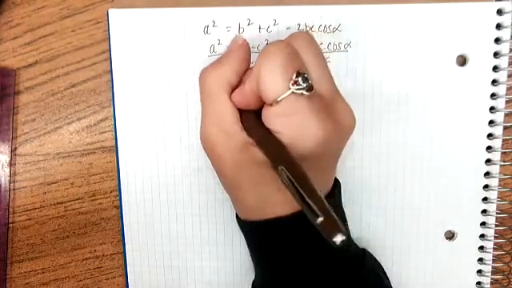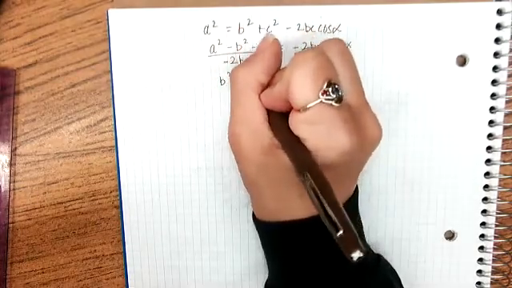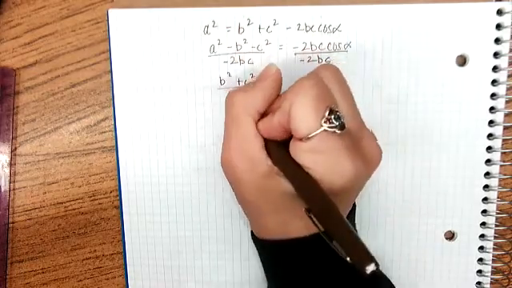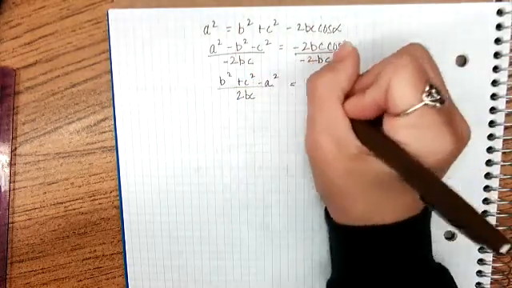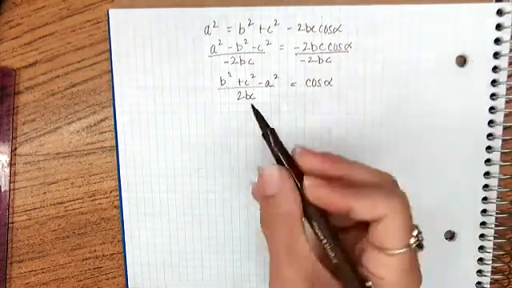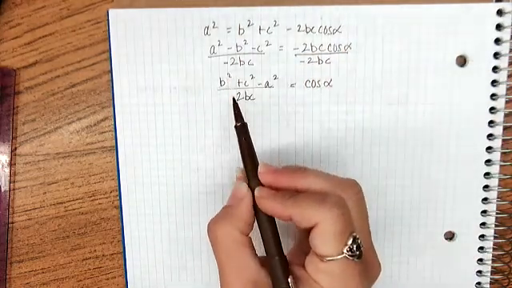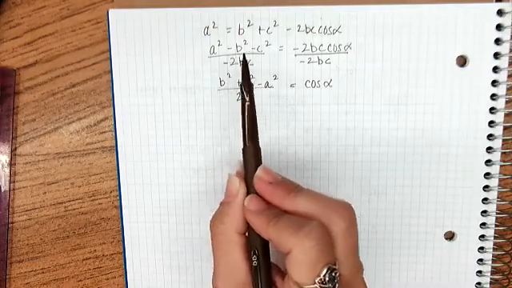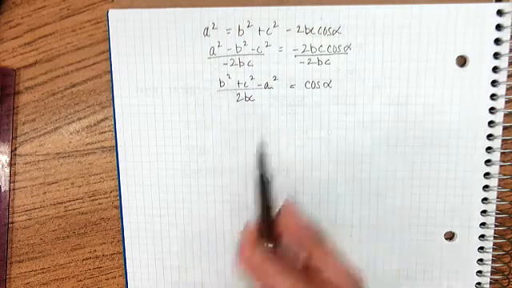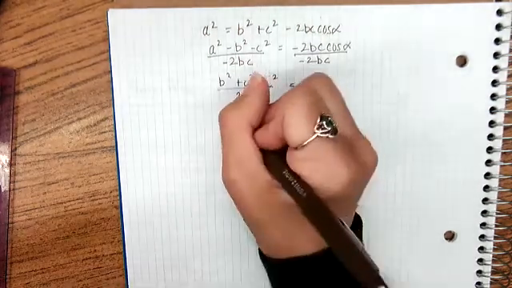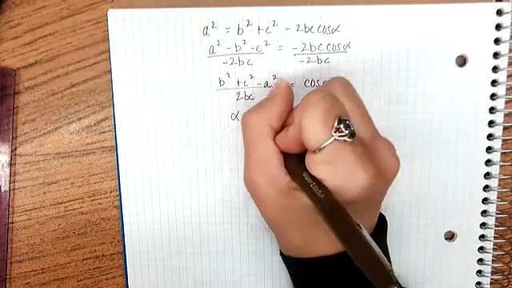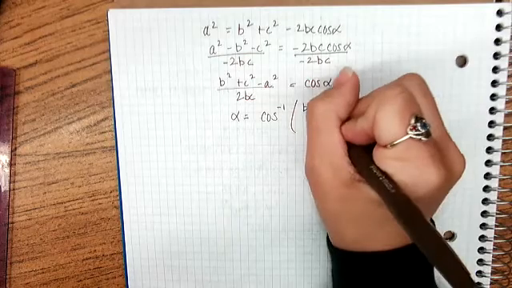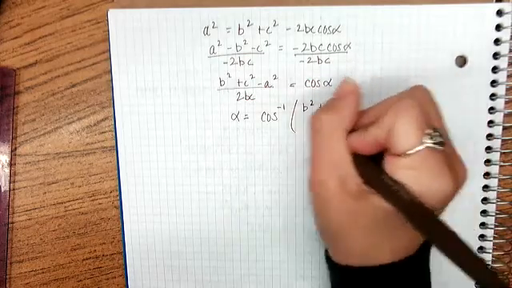That gives you b squared plus c squared minus a squared over 2bc. Dividing by -1, -2 becomes +2, positive a squared becomes negative a squared, and negative b squared, negative c squared become positive b squared, positive c squared. From here, alpha is equal to the inverse cosine of b squared plus c squared minus a squared over 2bc.